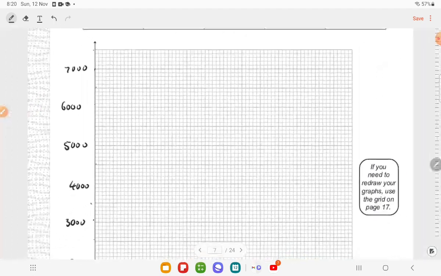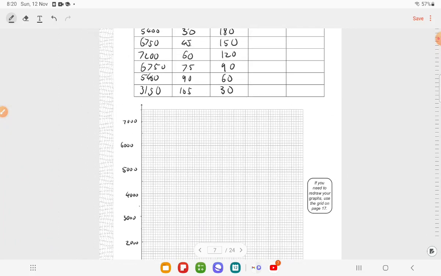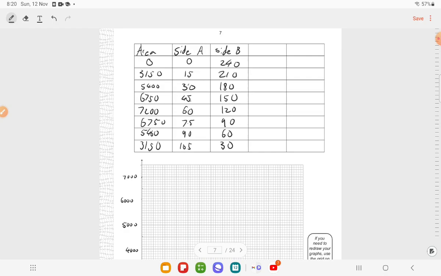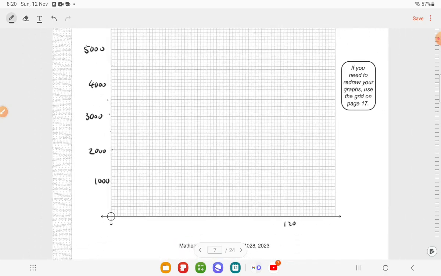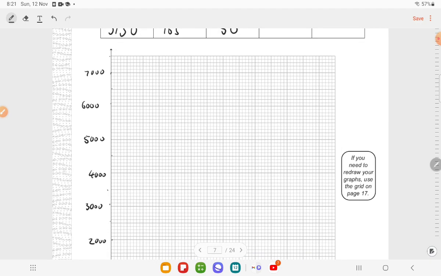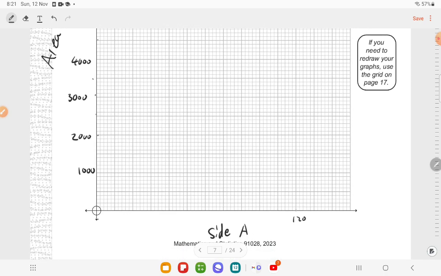Okay, so side A is 0, side A is 15. But this is side A, then here is area. Side A is 20, 10, 15.